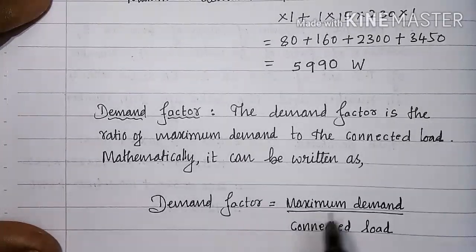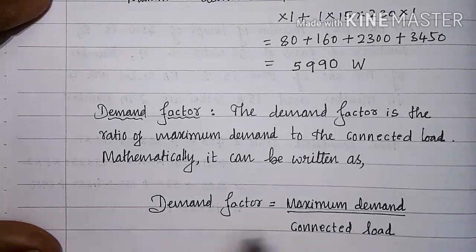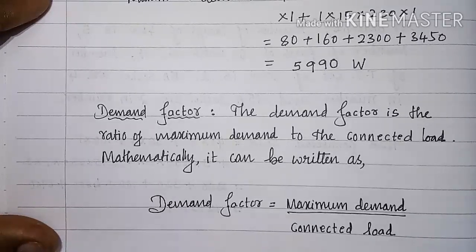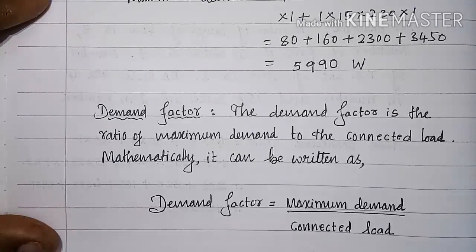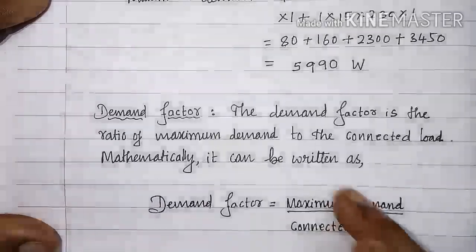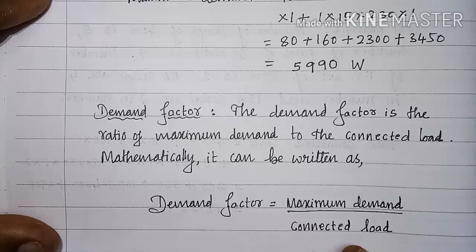Remember, if maximum demand becomes equal to connected load, that means if at a time all connected load is put in service, then the maximum demand will be equal to connected load. So connected load by connected load will become equal to 1.